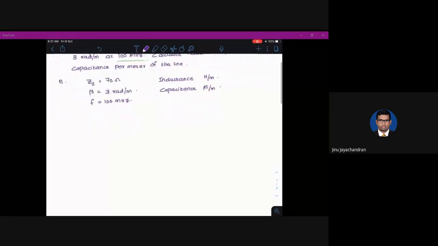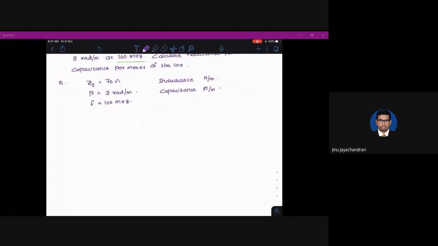Here the air is the medium, and the air can be regarded as a lossless transmission line. Just because the material is air, you can regard it as lossless.